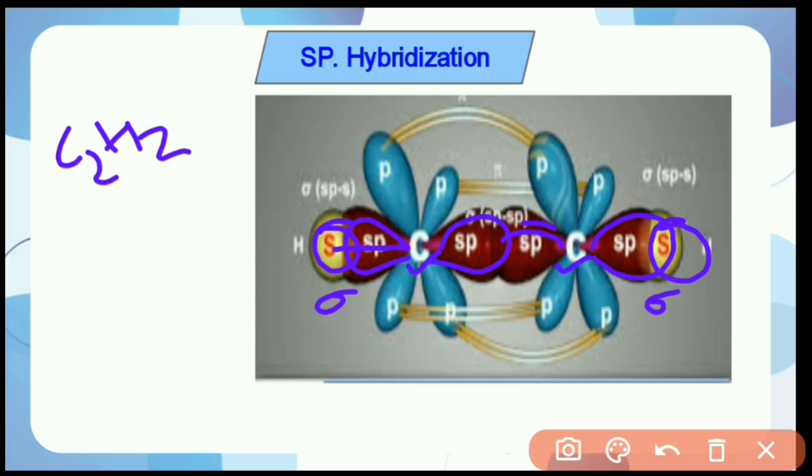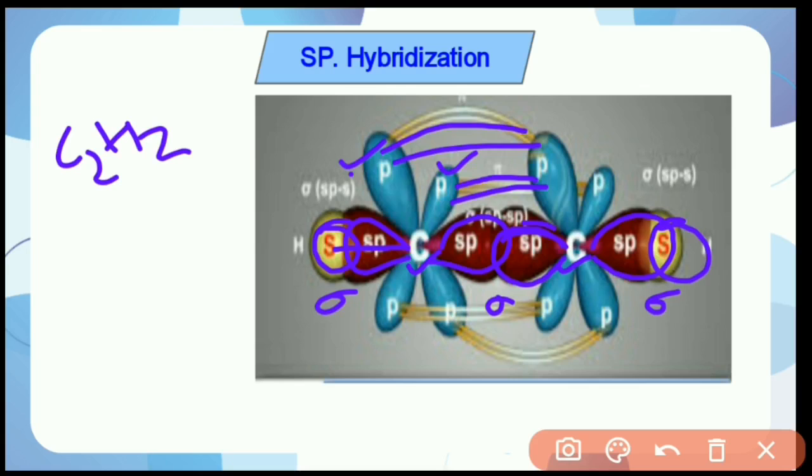the second hybrid orbital overlaps with the hybrid orbital of the other carbon and forms a sigma bond, and with 2 unhybridized orbitals in each carbon atom, they overlap laterally and form pi bonds.